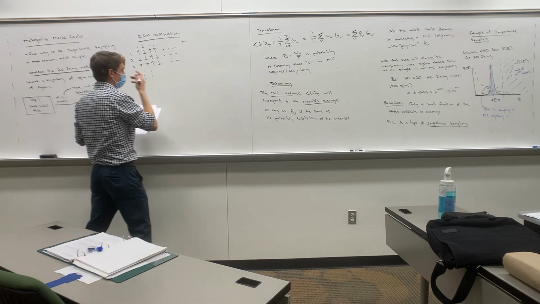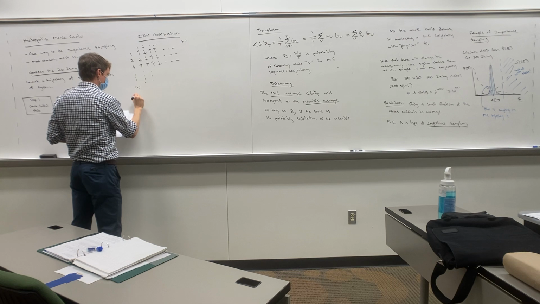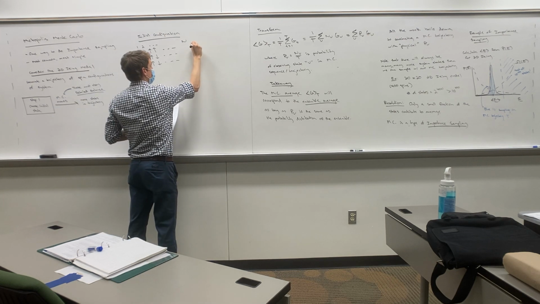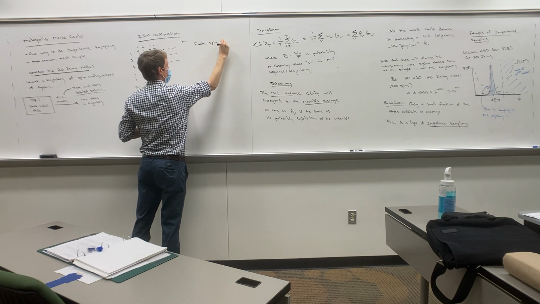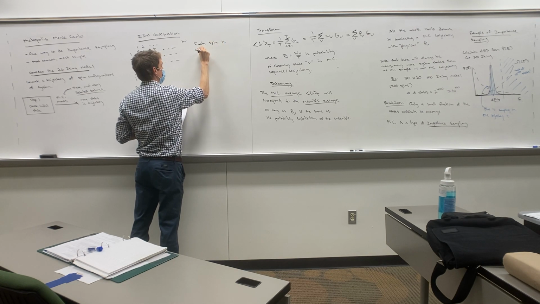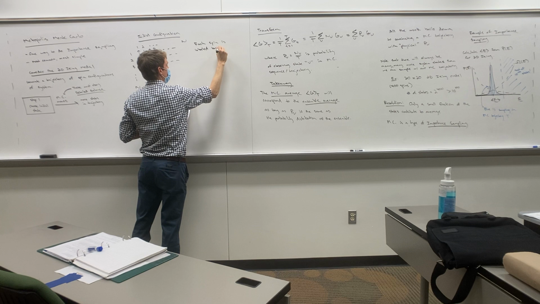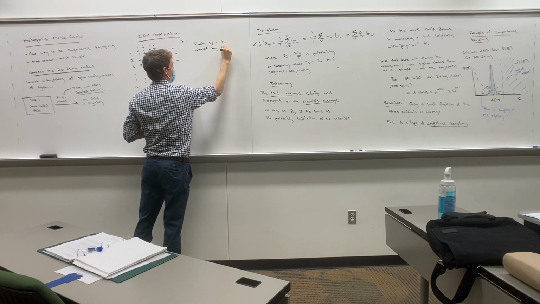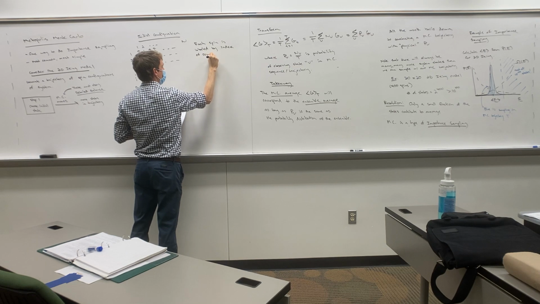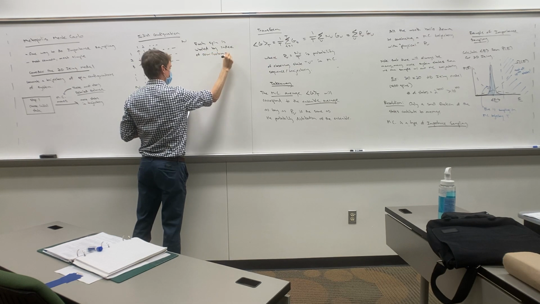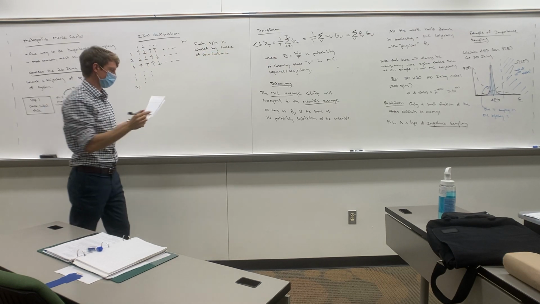And so we're going to label each spin. Each spin is labeled by its row and column index.